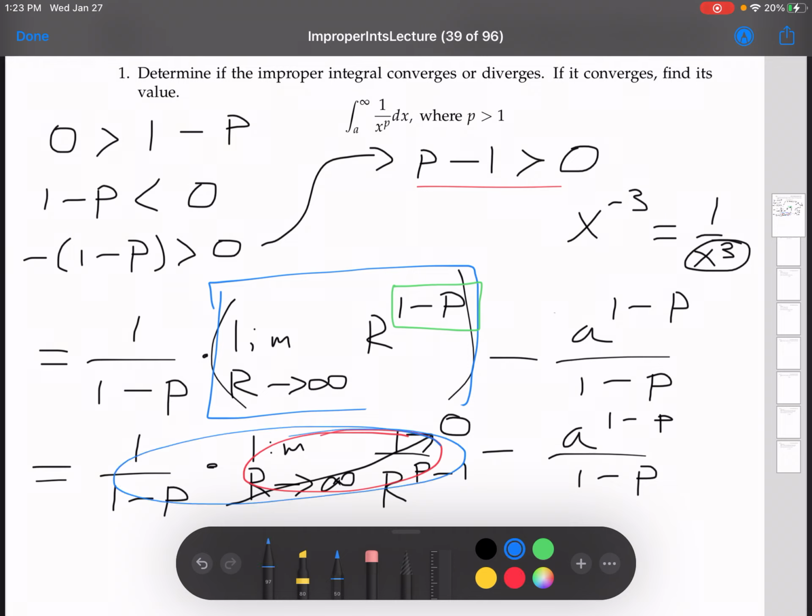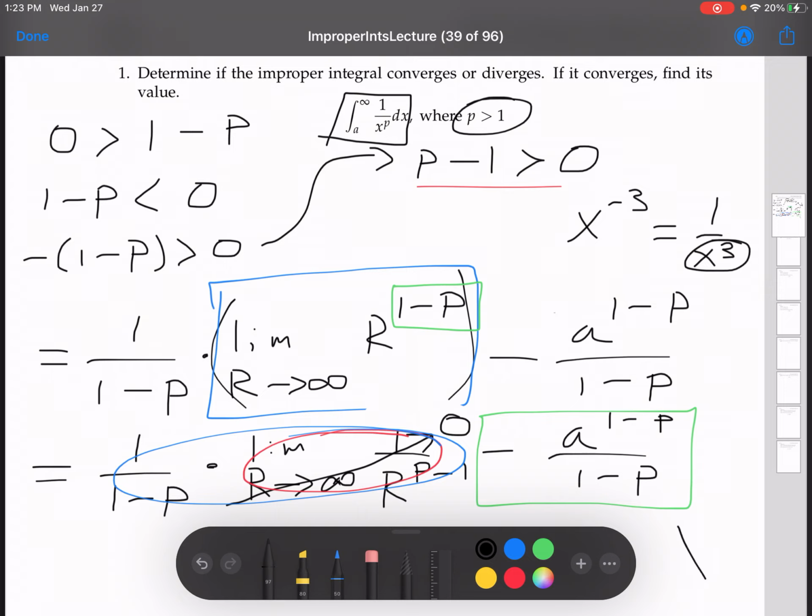And we're left with this amount here. And so what happens is this thing converges because when we take this improper integral here, when we're assuming that p is bigger than 1, we get a number.